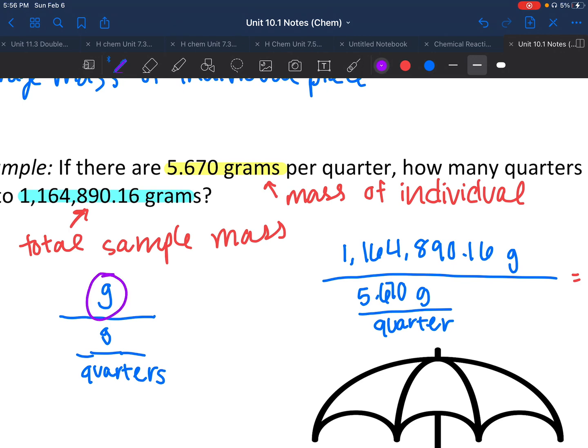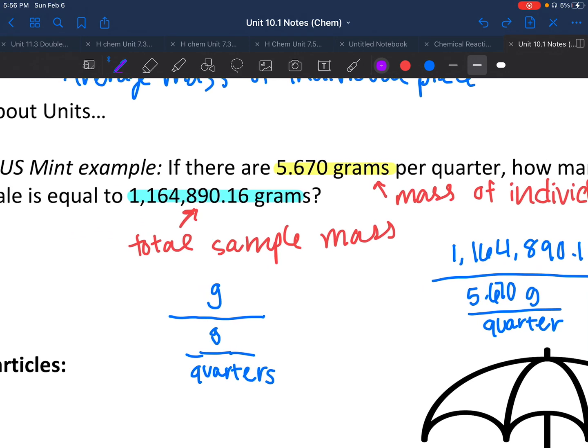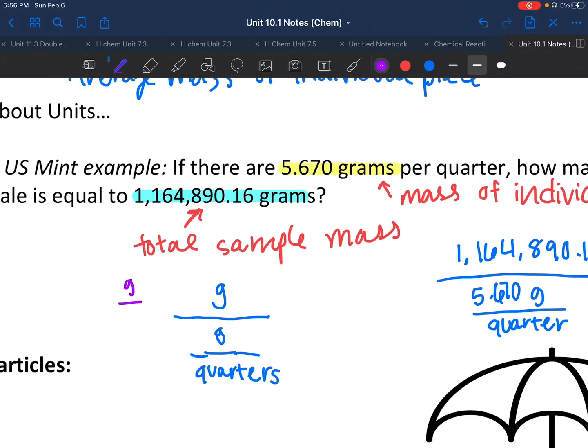This grams is just like if you were to write it as grams over 1, right? That doesn't change anything. So what you end up having then is dividing one fraction by another, and the rule for that is don't cry, flip and multiply. And so what that means is you are going to flip and multiply by the one that you're dividing.